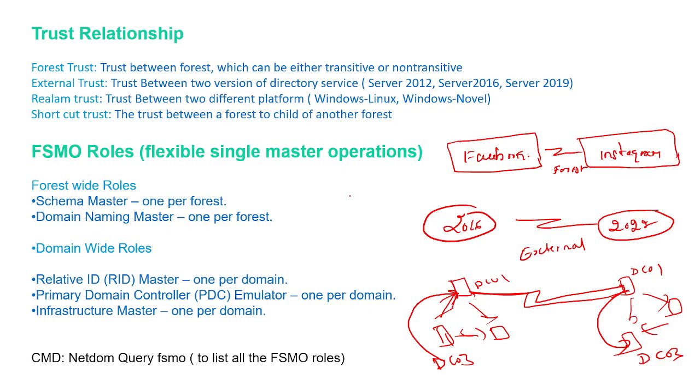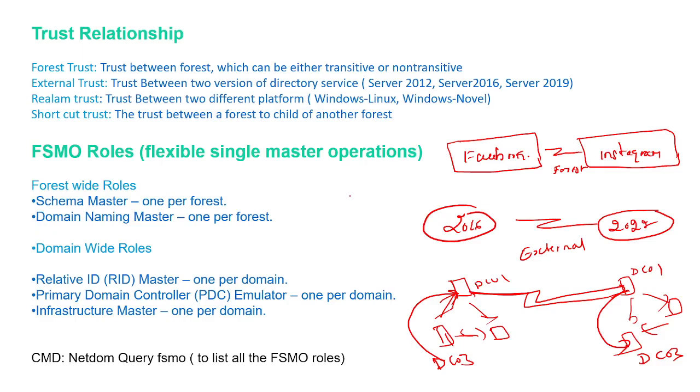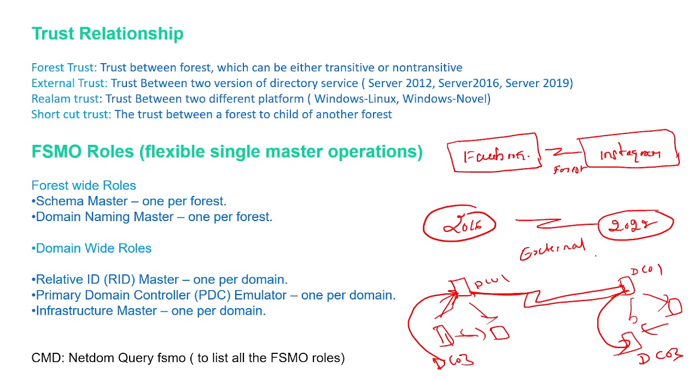Flexible in the sense that it is not necessarily that you will have the roles on a single server. It can be any of the domain controllers. You can keep all the roles in one domain controller, or you can keep one role in one domain controller. It is flexible. That is the reason it is called FSMO, flexible single master operations roles.